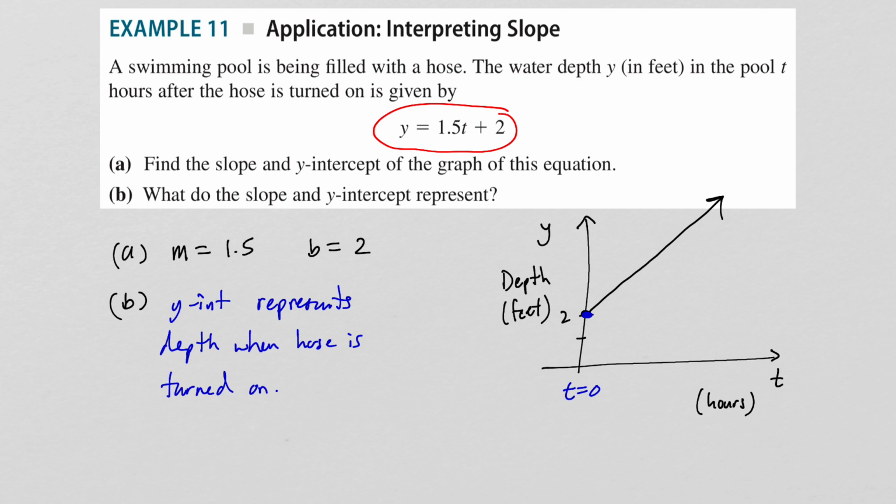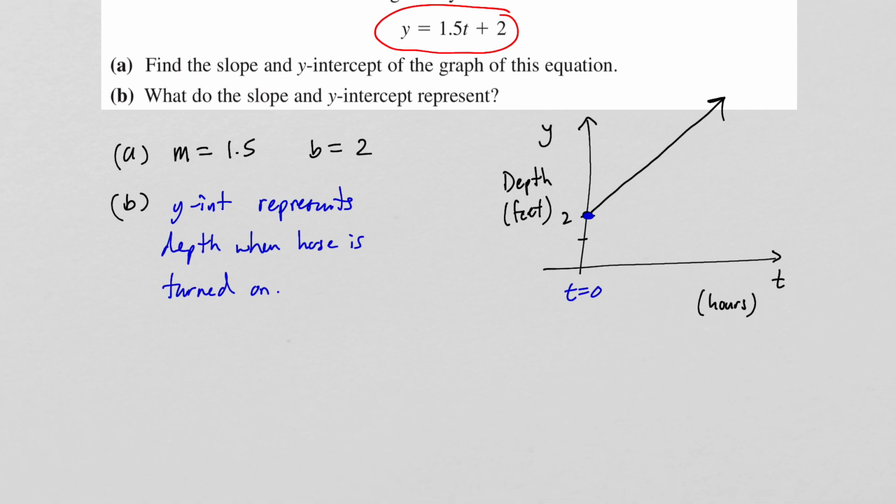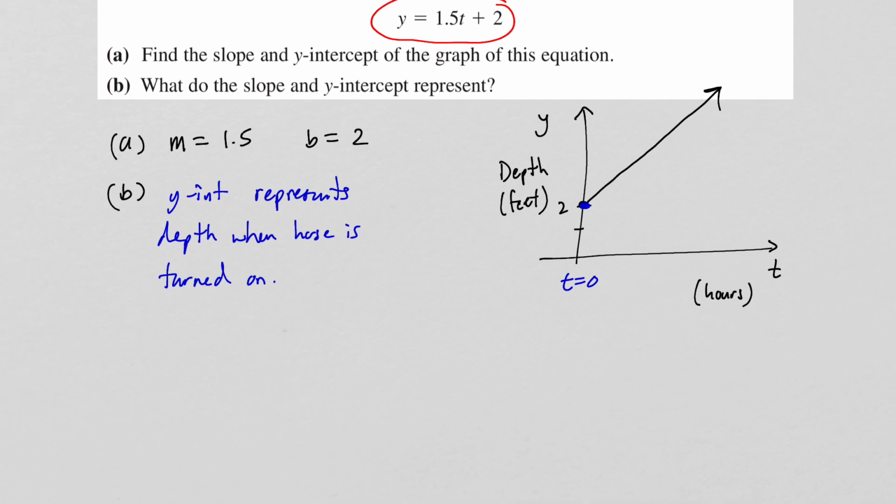Okay? Now, what does the slope represent? So if I think of what is going to happen after 1 hour, how much water is going to be in the pool, we can plug that in, right? y is going to be 1.5 times 1 plus 2. This is going to be 3.5. So in 1 hour, the depth of the pool is going to be 3.5. So notice that what happened there is the depth of the pool increased by 1.5 in 1 hour.